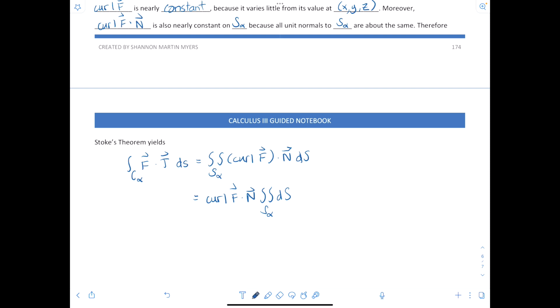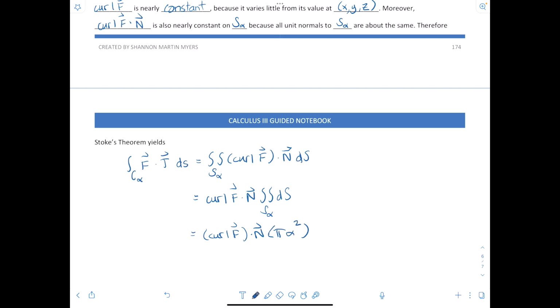And that in turn is going to be the curl F dot N. Well, what did we pick? We picked a circular boundary, didn't we? And the radius was alpha, so that would be times pi alpha squared.